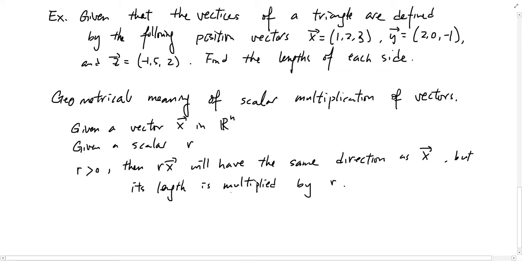Okay? And what happens if r is less than 0? So the scalar multiplication basically doesn't change the direction, but simply makes the vector longer. That's basically what it does. However, unless r is negative.